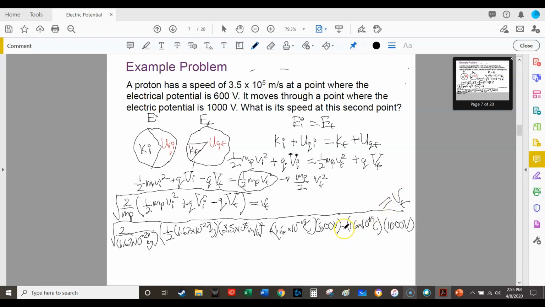Okay? So let's go ahead and put that into our calculators. And what I get looks like it's going to be 0.45 times 10 to the 11th meters per second. All right.